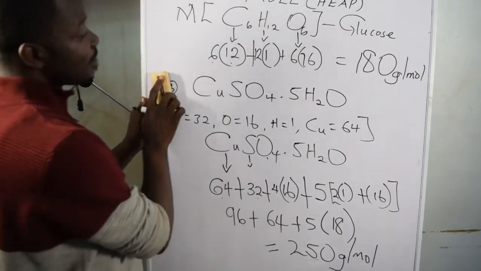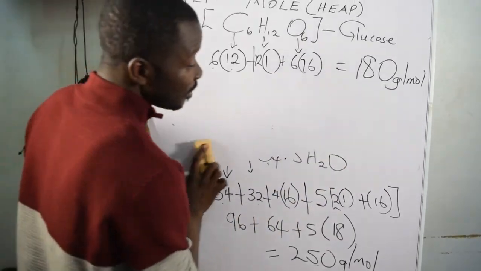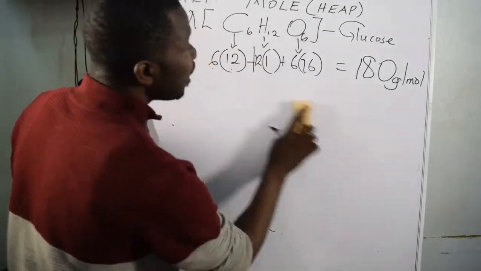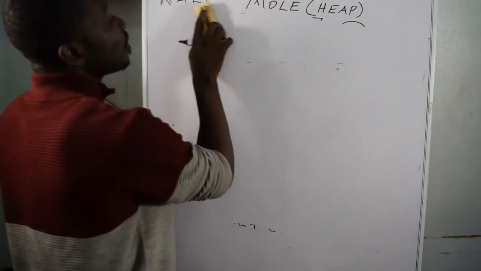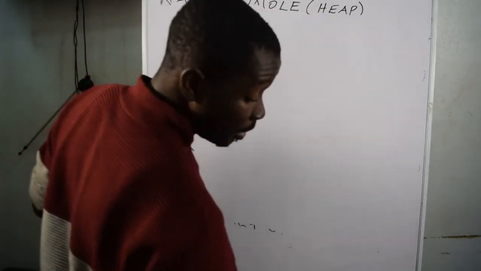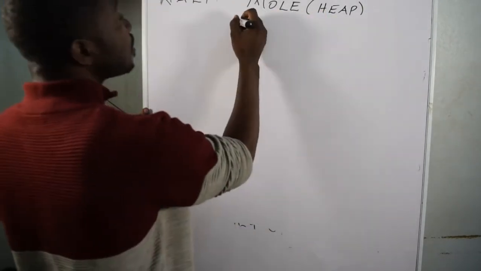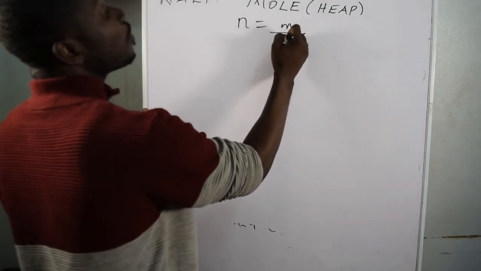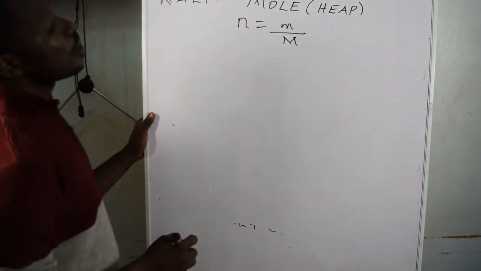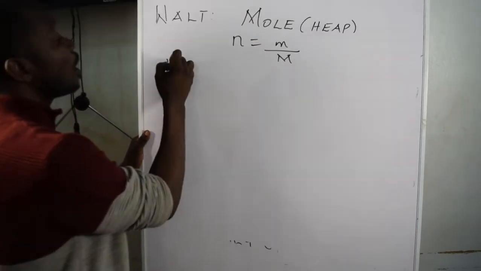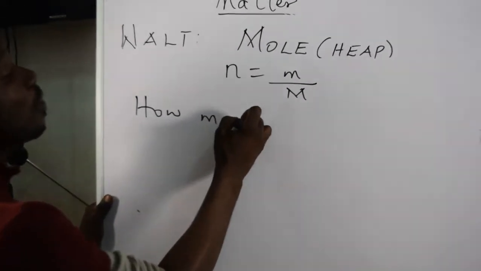Can we apply this in a typical mole question? In a typical mole question, we know that mole is equal to small m over big M. So let's apply it. My question is simple.